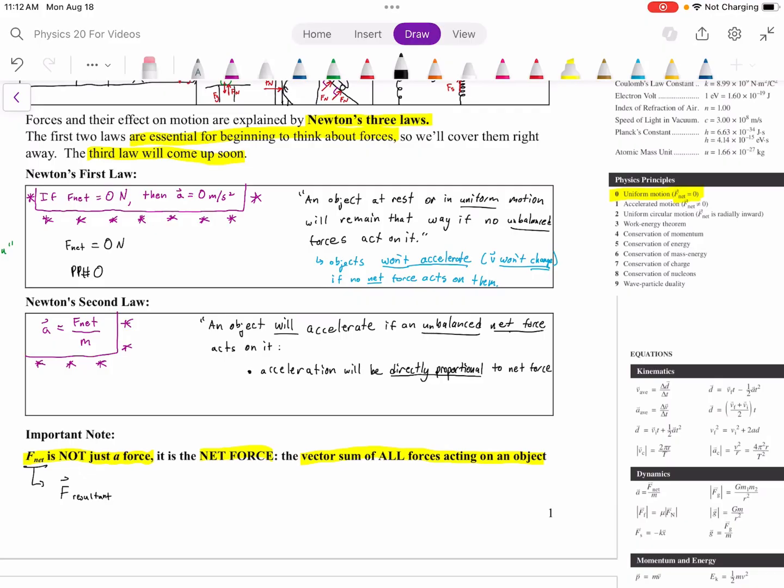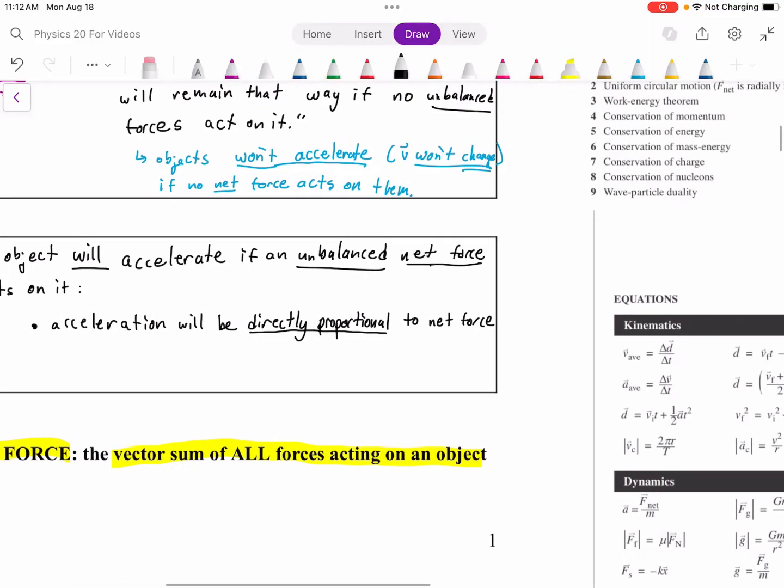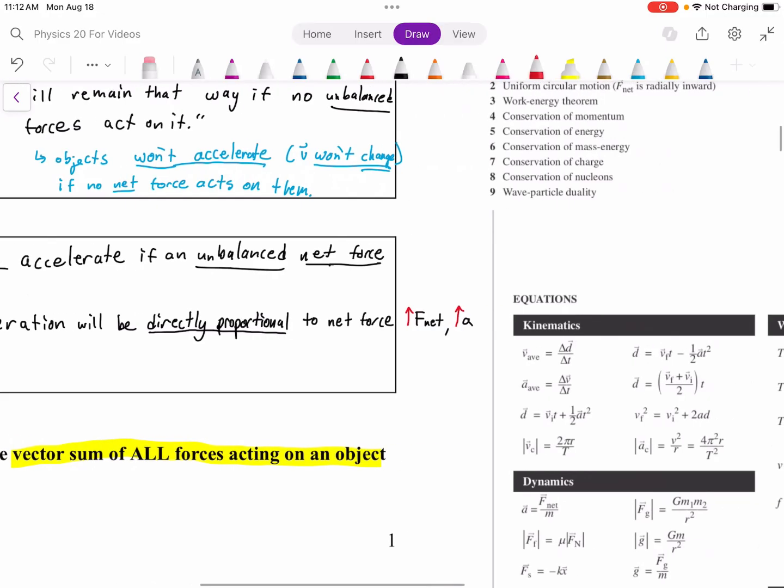Exactly. We all know Newton's second law from a very young age, even if we've never worded it like this, right? To get a bigger change in motion, you need to push something harder. So a bigger F net results in a bigger acceleration. They are directly proportional. Larger force causes a larger acceleration. Proportionality, by the way, we show like this.